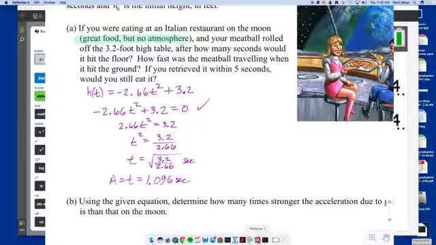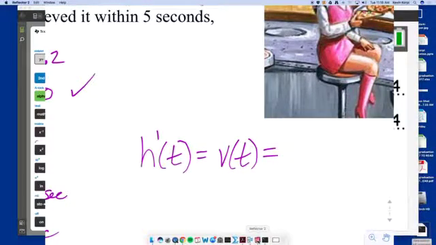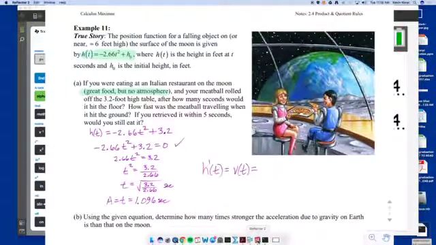So the next question, how fast was the meatball traveling when it hit the ground? How are we going to know that? We want the instantaneous rate of change of position. So that's the derivative of h, which is h prime of t, and I'm going to go ahead and call that v of t. This is the instantaneous velocity function on the moon.